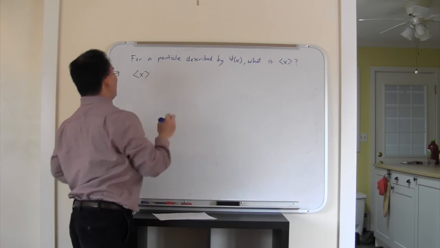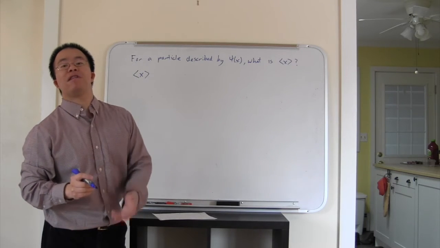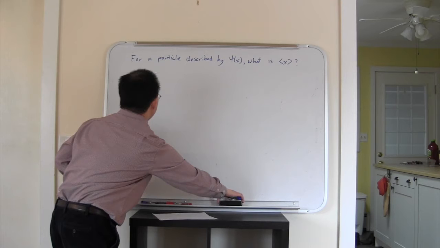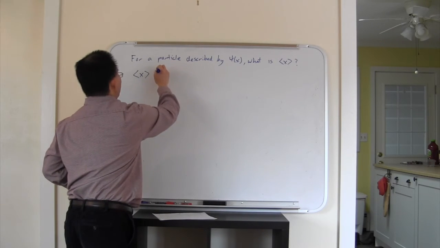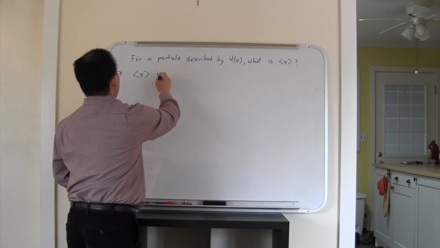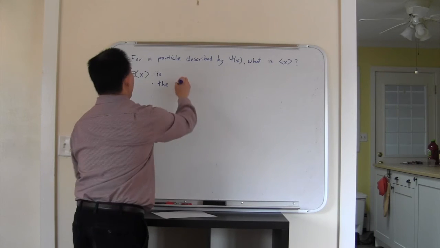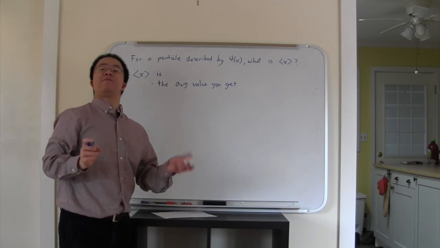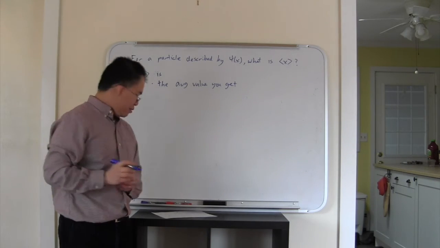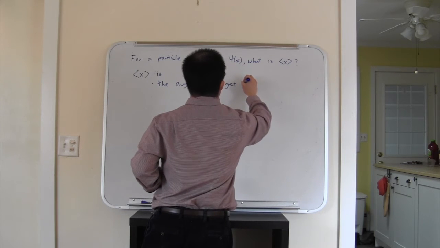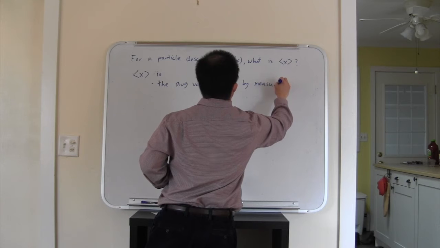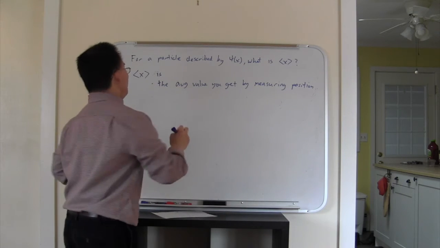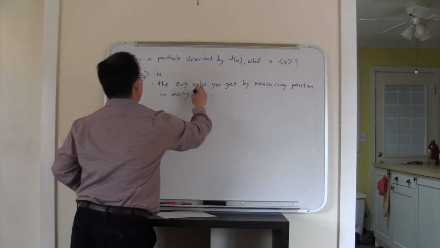The average value of x, or in quantum language, the expectation value of x, is the average value you would get if you measure the position in many identically prepared systems.